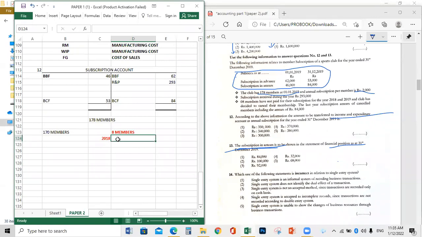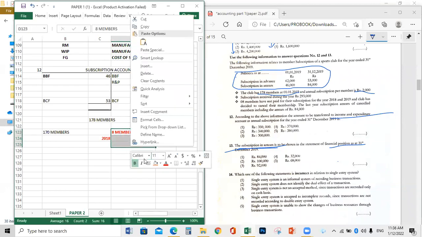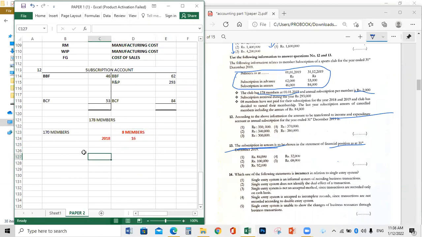How much is that? Very good. Each member should pay 2,000. So 8 into 2,000, that is 16,000. Last year is 16,000.